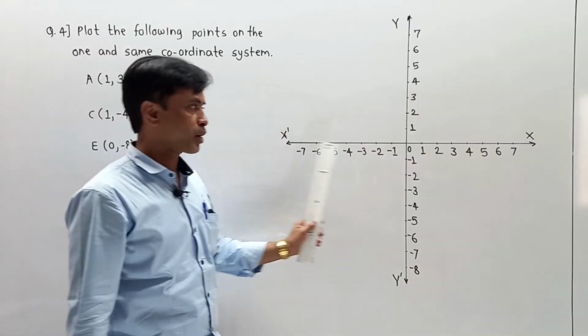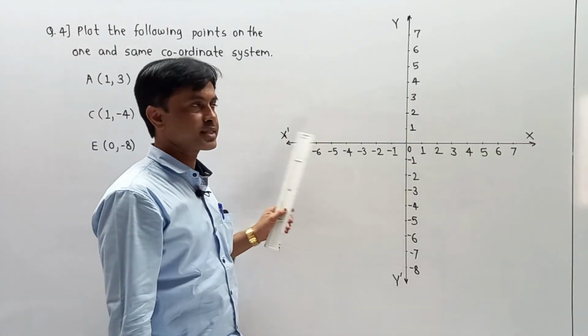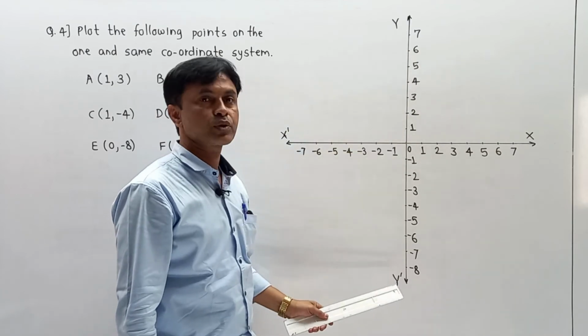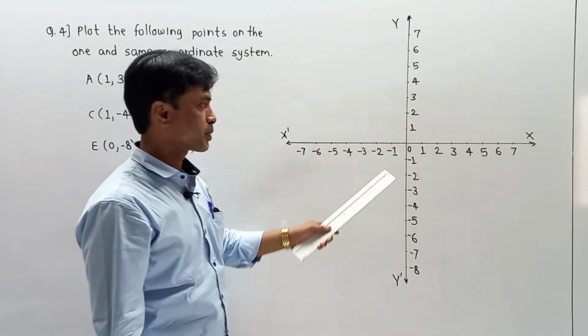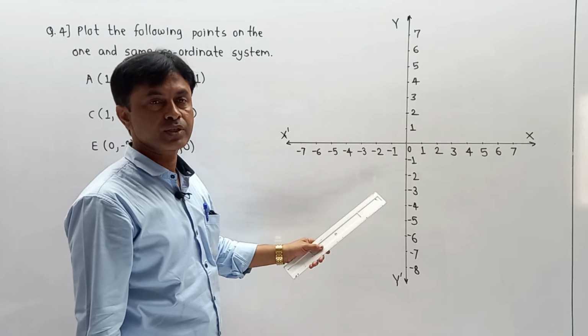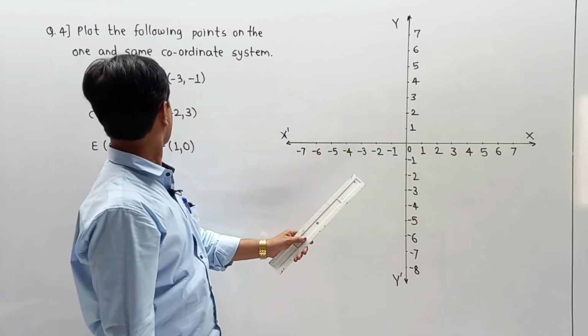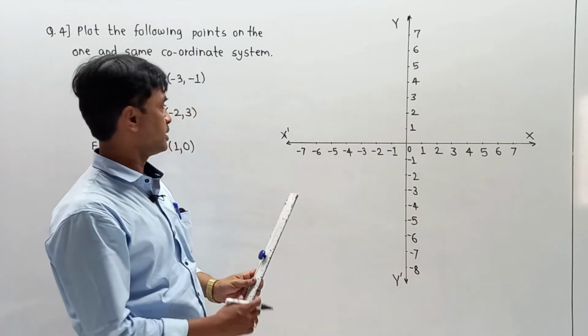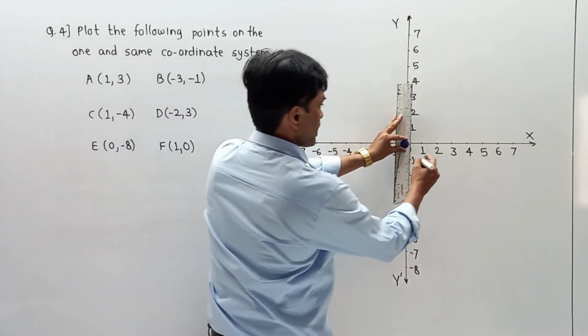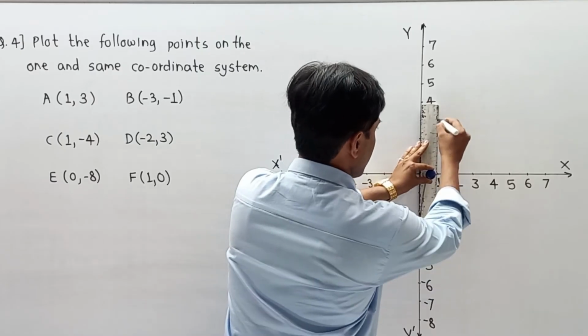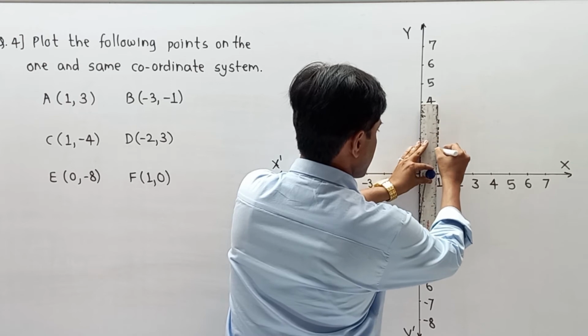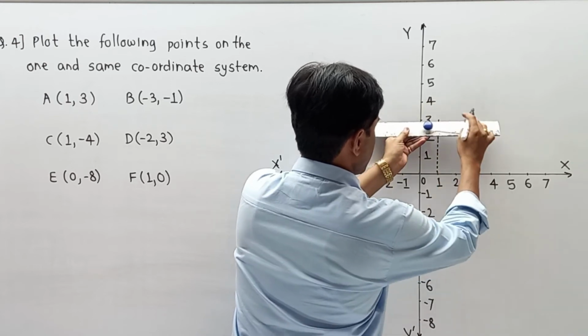For that, we have drawn the axes, that is x, x dash, y, y dash, so that we can highlight the points. Please pay attention to the graph so that we can introduce the points one by one. The first point is A, (1, 3). So the value of x is 1 and the value of y is 3.